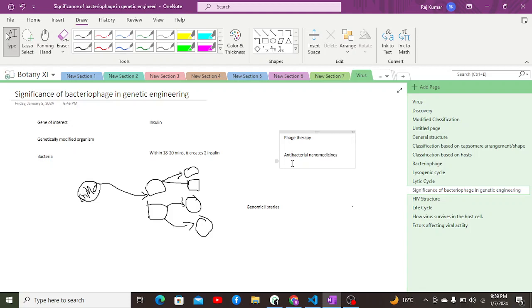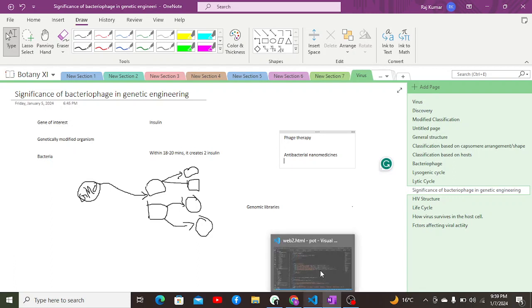Bacteriophage is also utilized as antibacterial nanomedicine, which means that many bacterial diseases which are not easily treated by medicines can be treated with antibacterial nanomedicines containing bacteriophages which work against a particular type of bacteria in order to kill them and get rid of dangerous diseases such as tuberculosis and other such diseases.